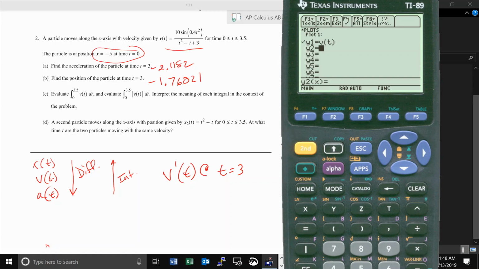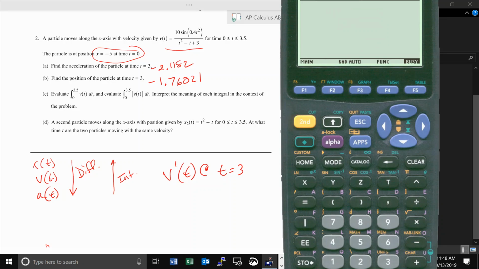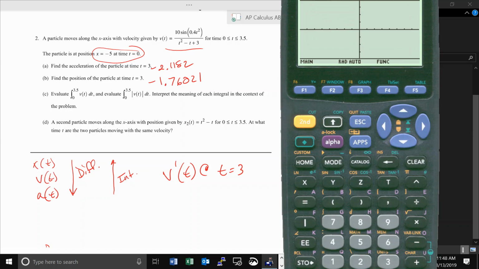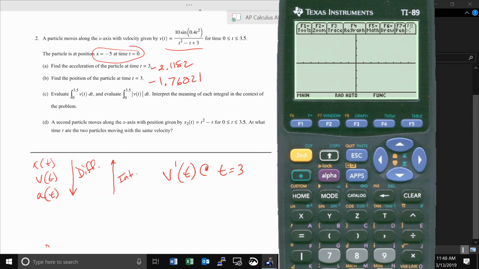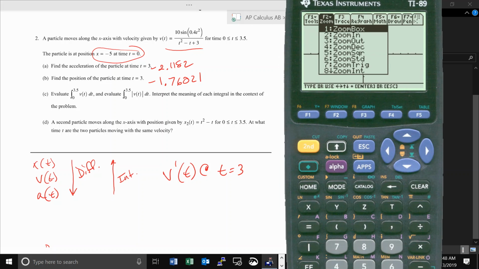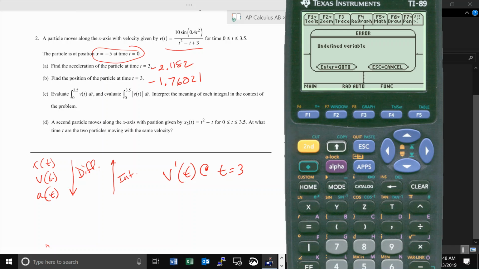Now I'm going to do zoom. Let me try zoom decimal and see what that looks like. I'm probably going to have to do zoom trig. Yeah, I was afraid of that. Escape. Zoom trig. Let's try 7. Undefined variable, so it's going to make me type in the whole thing.